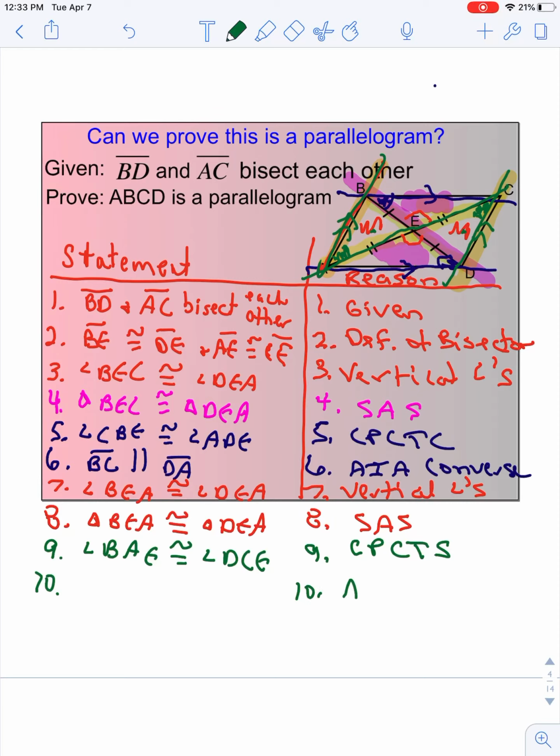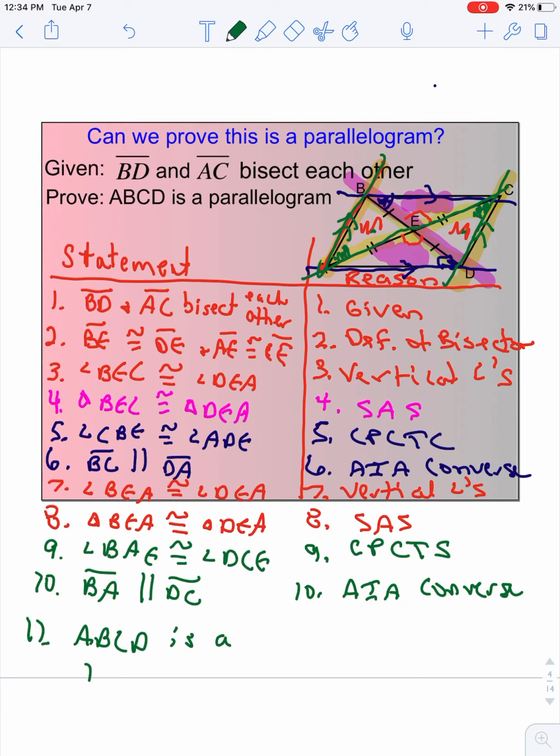By the alternate interior angles converse, then I know that side BA is parallel to side DC, which means that ABCD is a parallelogram. And that is by definition of parallelogram.